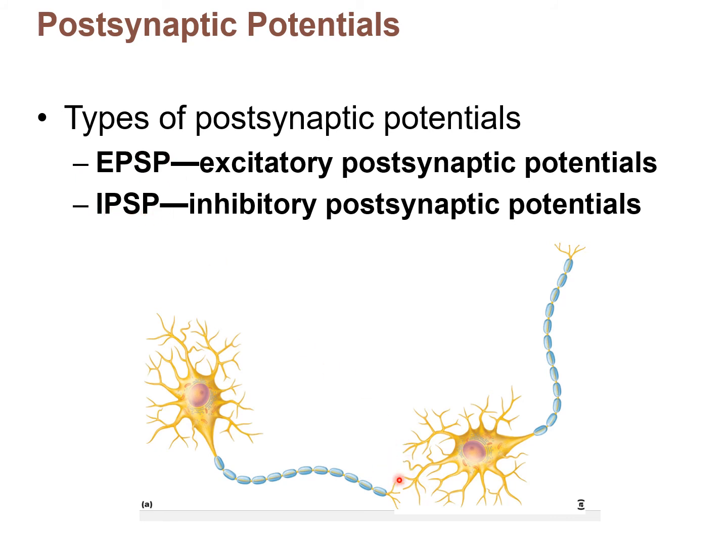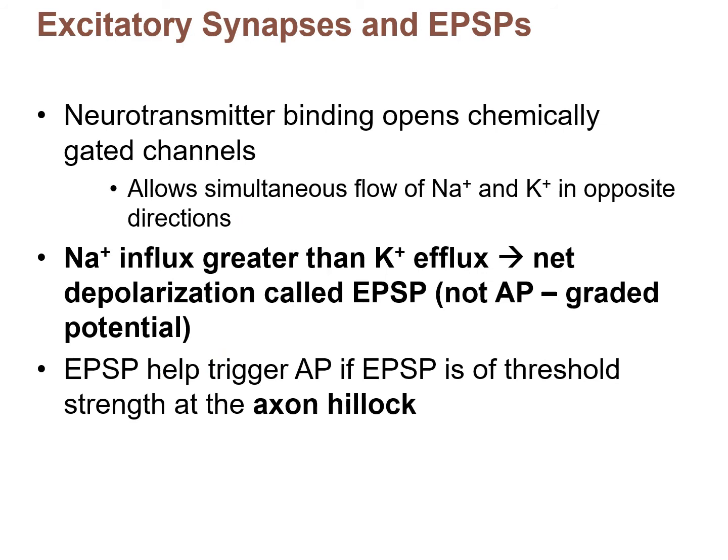You can have an excitatory postsynaptic potential or an inhibitory postsynaptic potential. Excitatory means it's more likely that we get an action potential. Inhibitory, it's less likely. So let's explain these two as we move on.